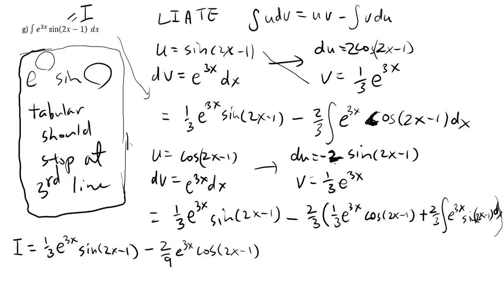And then 2/3 times 2/3 is 4/9, and there's a minus, so it's minus 4/9 of this integral, but that integral is exactly the same as I, right? So I put an I there.